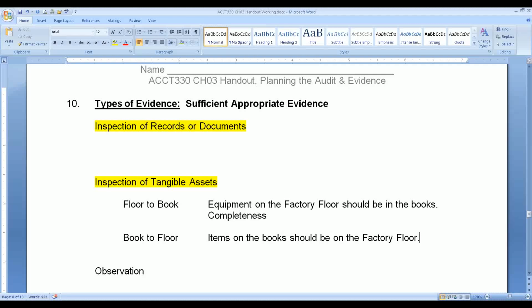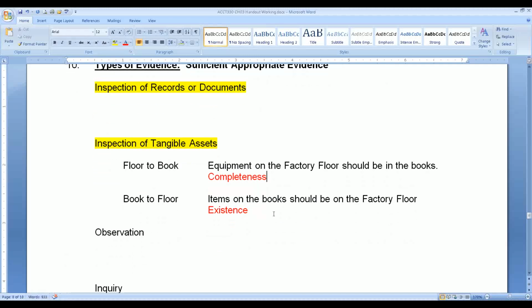And this is existence. So you generally do floor to book, book to floor, and again, these are the assertions that you're looking for when you do that.